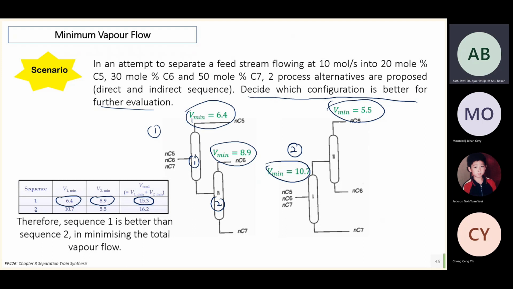Compare with sequence 2, where the total of V min is 16.2. So, the lower the better. Choose sequence 1 to proceed. Sequence 1 is chosen because it has a lower total vapor flow compared to sequence 2.